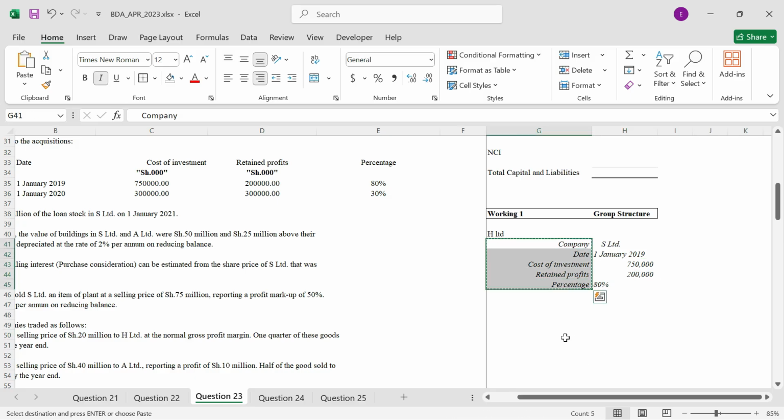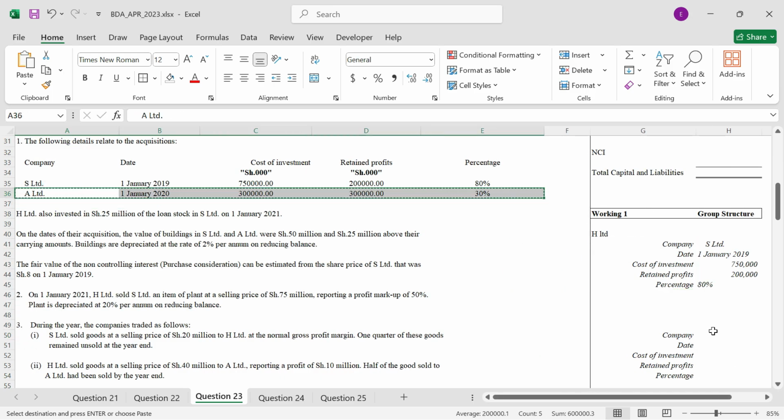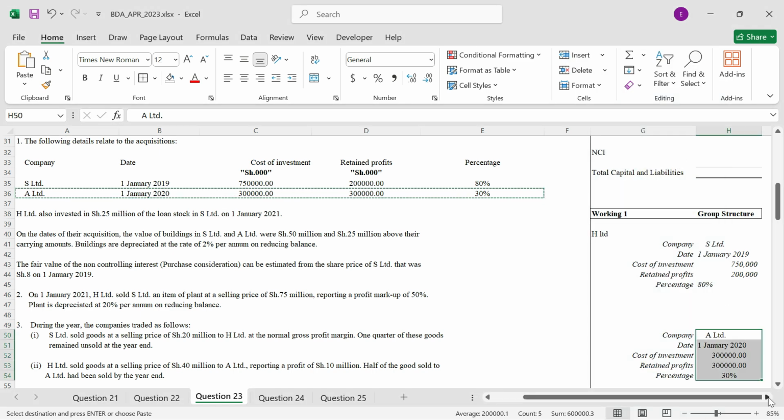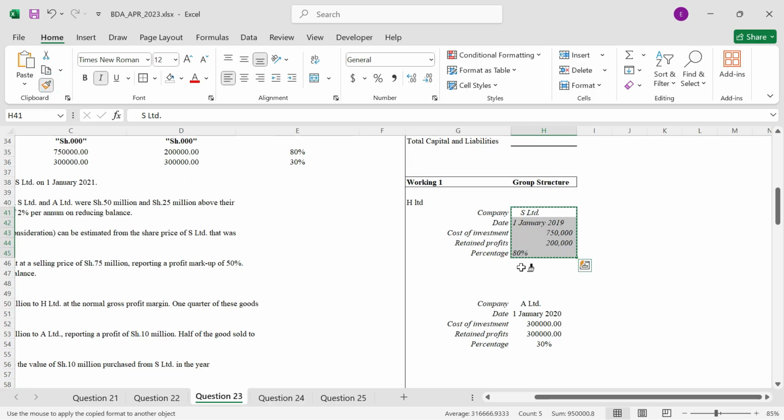Similarly, A was acquired 1 year later. We have had it for 3 years. We acquired it for 300,000.